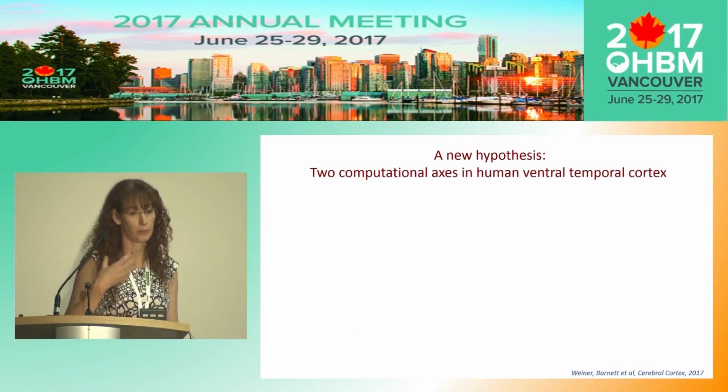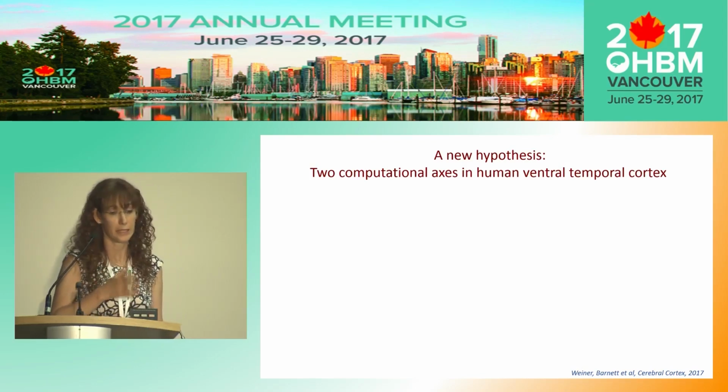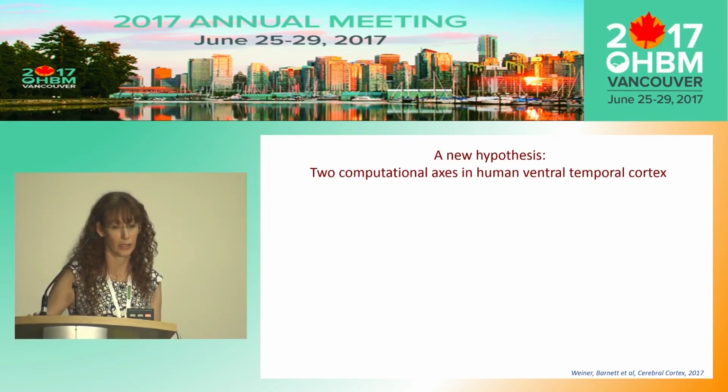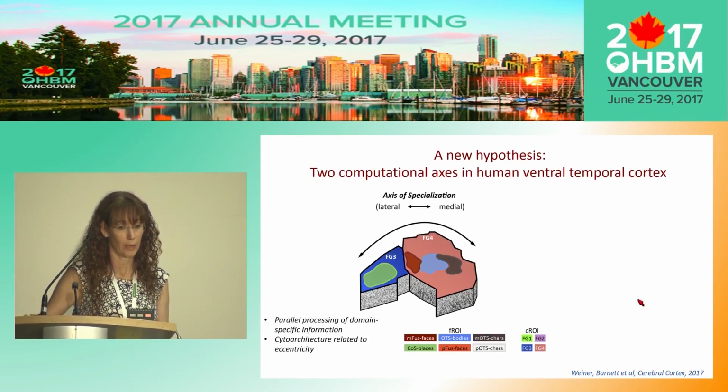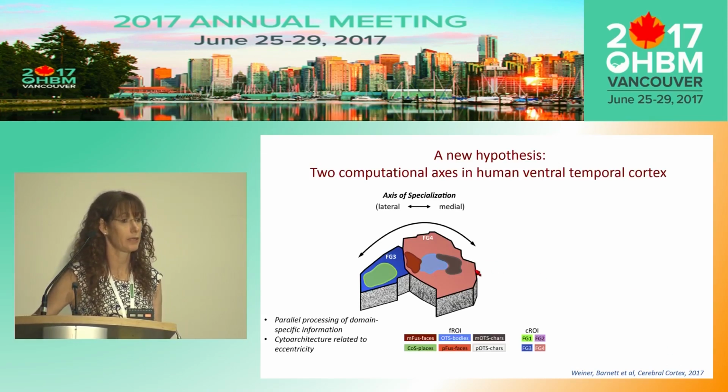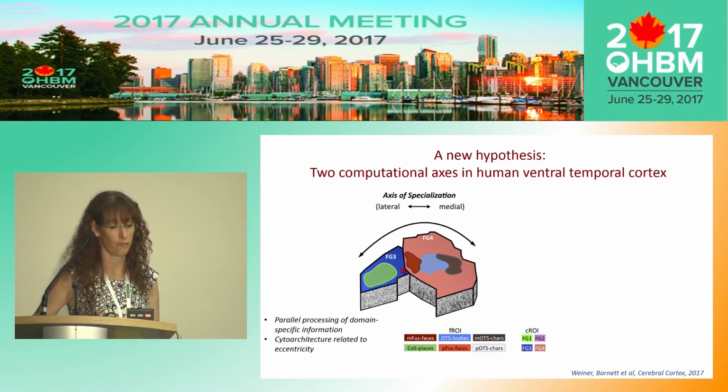So to end, I would like to propose a new hypothesis that there might be two computational axes in the human ventral temporal cortex. One is a lateral medial axis that we call the axis of specialization because it enables processing of information from different domains as segregated cortical regions, which can be done either in different cytoarchitectonic areas like FG4 and FG3 for face and places, or within the same cytoarchitectonic region, for example, faces, words, and bodies.